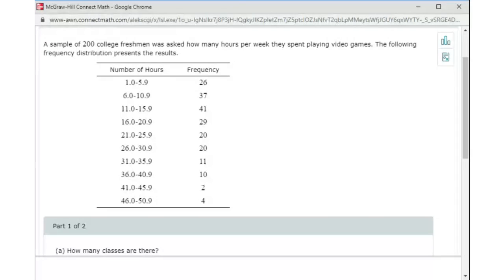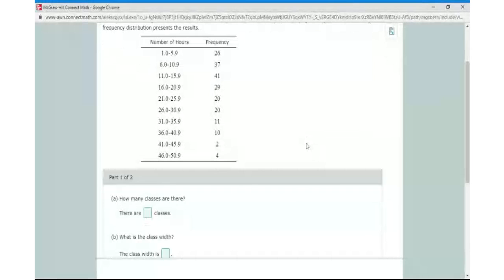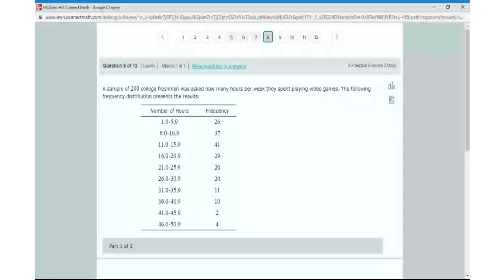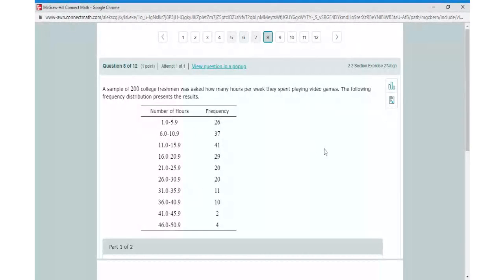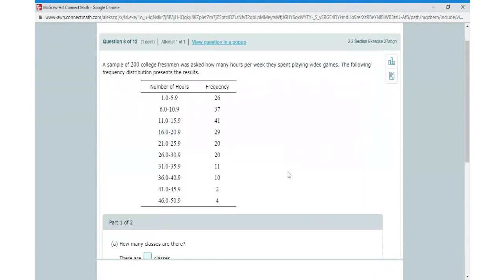All right, so this is written out as a frequency distribution and not a chart, which is more important, because that other one wasn't a very good example, like a histogram or anything. All right, so we've got 200 folks, and they're put into these different classes, and it's just the number of hours per week that they spent playing video games.